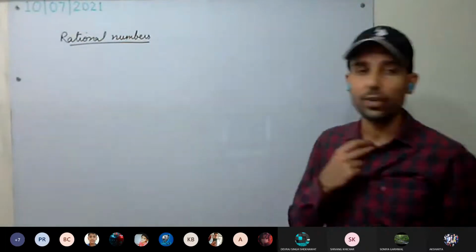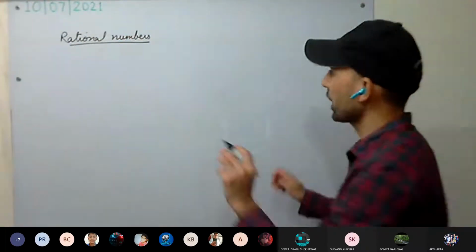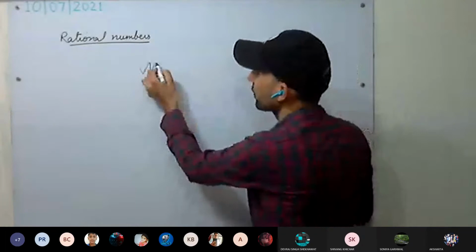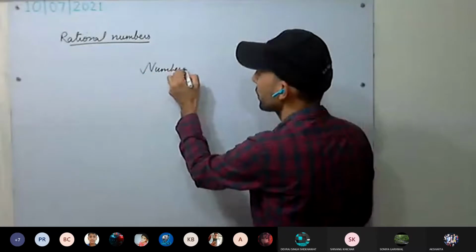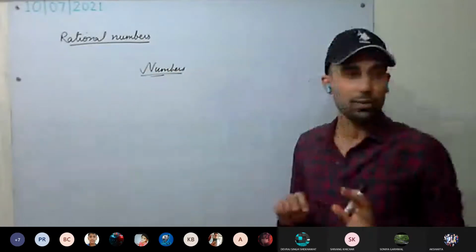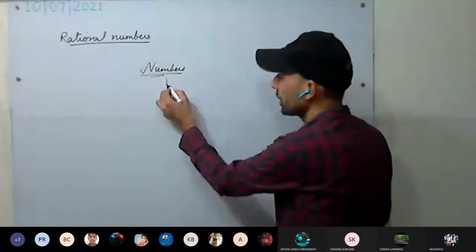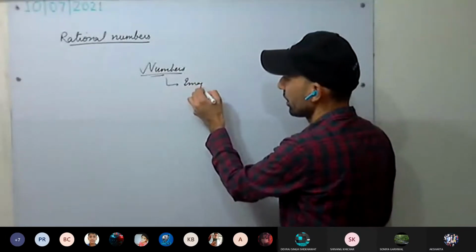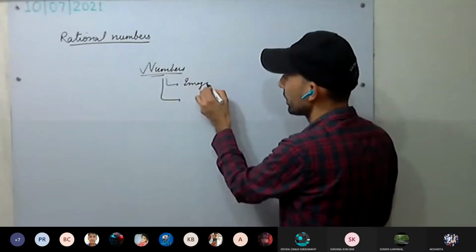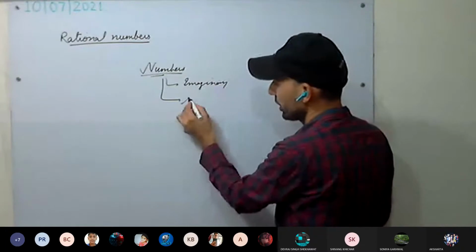What numbers do we have? I'll give you a brief idea, then we'll start giving you the questions. Numbers can be imaginary, and they can be real numbers.